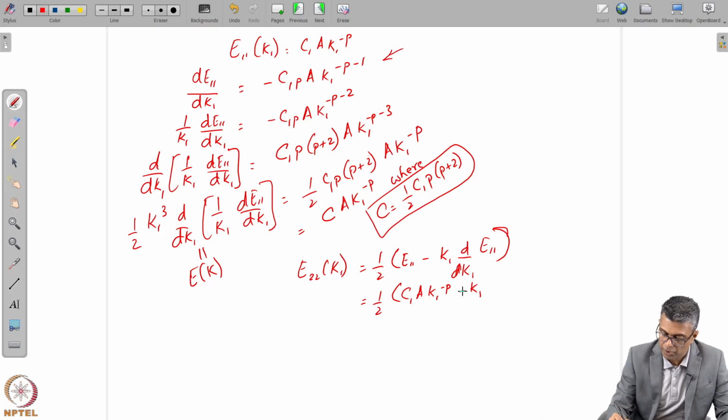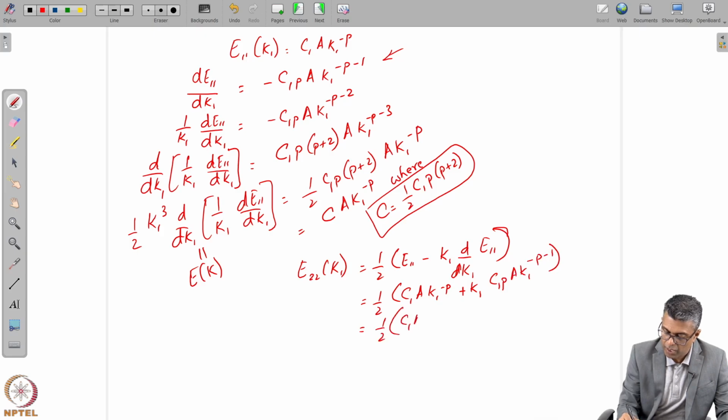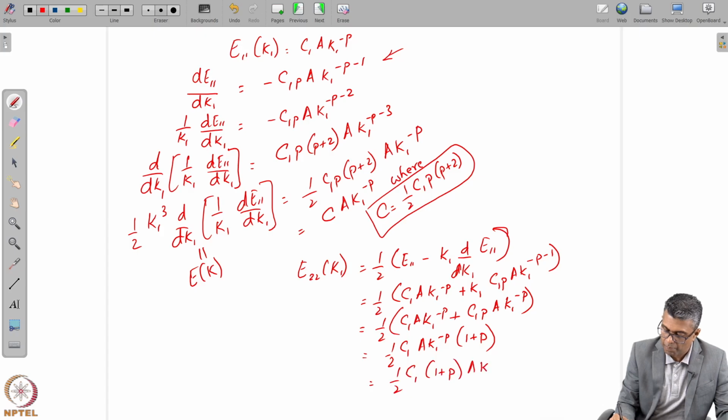Then this will be a plus, and C1 P A kappa 1 to the minus P minus 1, which is going to be half C1 A kappa 1 to the minus P plus C1 P A kappa 1 to the minus P. So I can factor out a few terms, and what I'll have is half C1 A kappa 1 to the minus P and then (1 plus P).